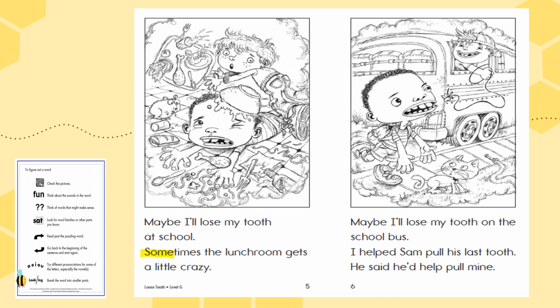Helped. I helped Sam pull his last tooth. He said he'd help pull mine. Oh my goodness. Look at Sam. He's driving away in the bus and he yanked the tooth right out. I don't think I would want to lose my tooth that way.